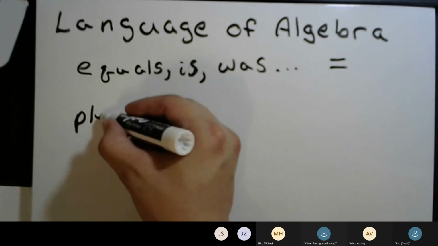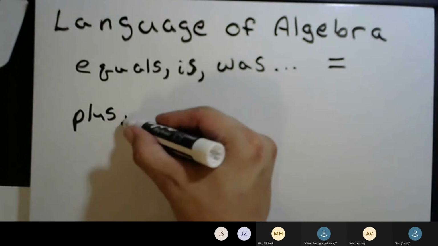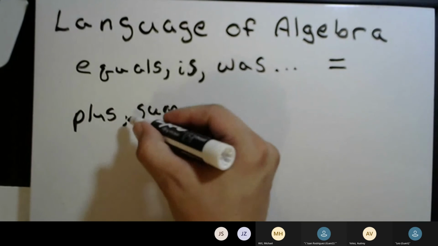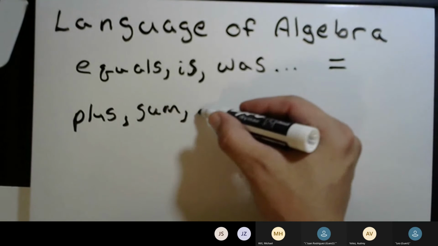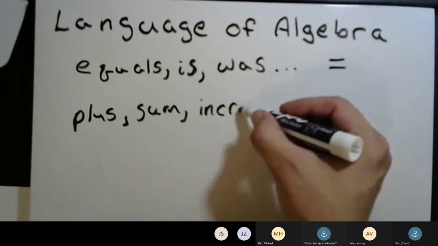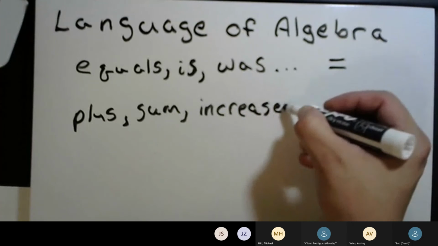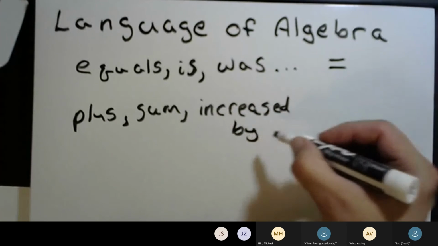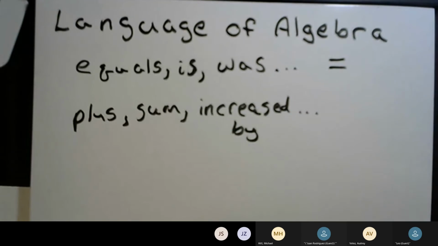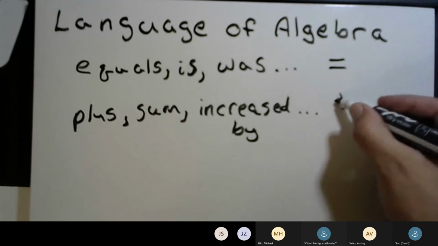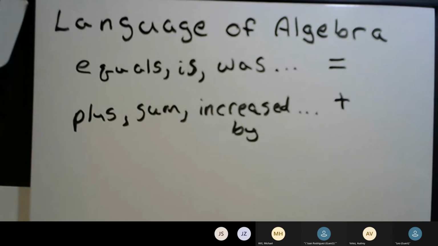If you see plus, sum, increased by, and there are others, you've got a plus sign.